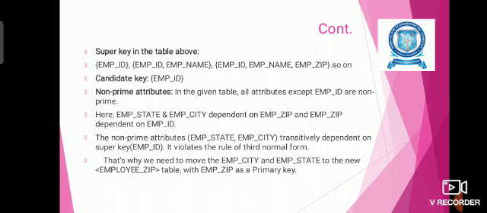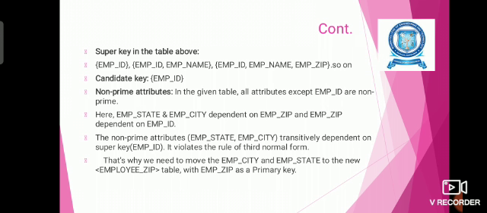So these non-prime attributes, employee state and employee city, are transitively dependent on the super key employee ID. This violates the rule for the third normal form.